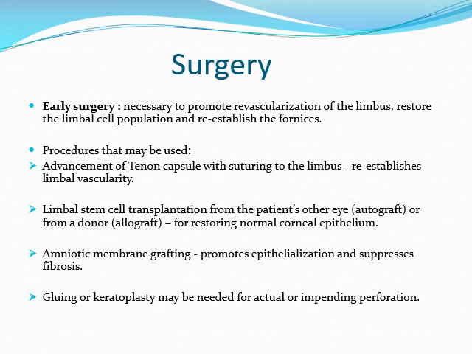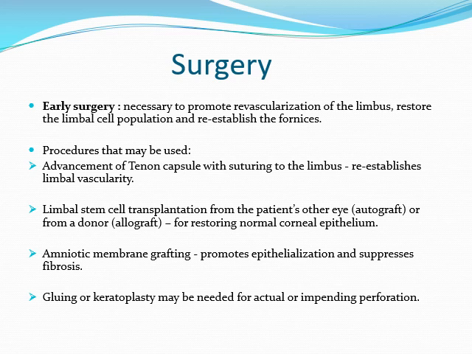Surgical treatments are needed to promote the revascularization of the limbus, restore the limbal cell population and re-establish the fornices. So if there is a limbal stem cell ischemia noted, one will have to go for limbal cell transplantation. If the other eye is normal, limbal cells can be taken from the other eye, which is known as autograft.